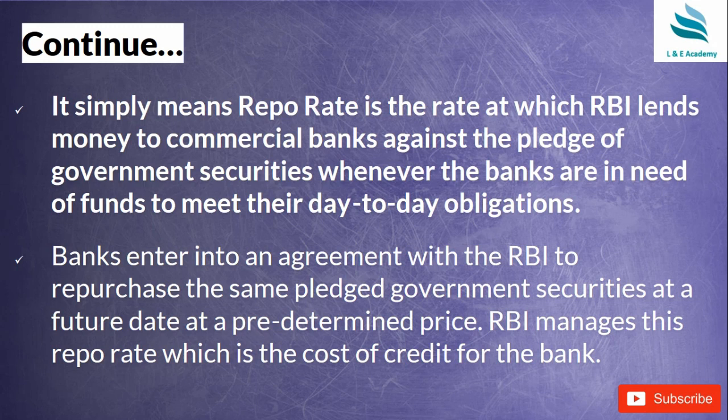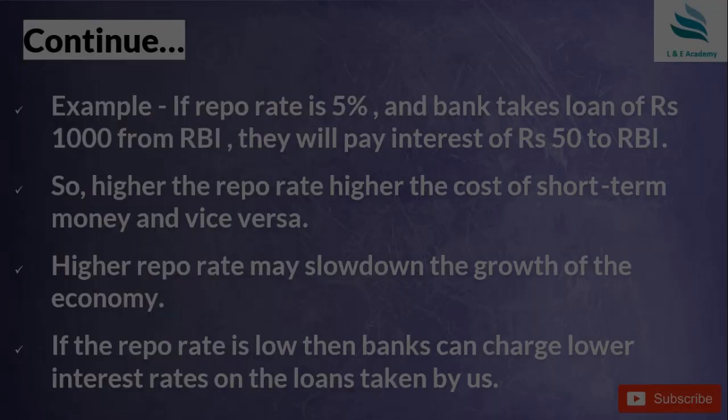So the time is decided by both RBI and bank that when the bank will return the money to RBI. So the future date is decided when the bank will return the money which the bank is taking from RBI, maybe after 2 weeks.